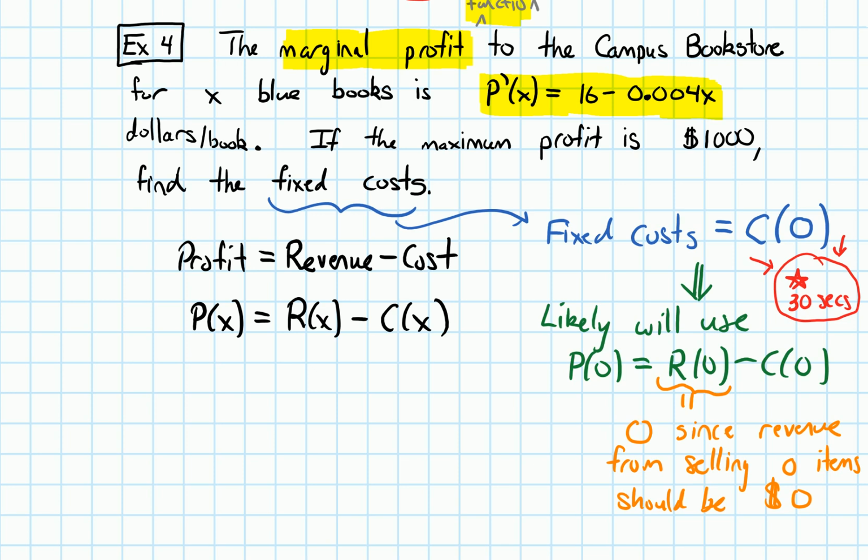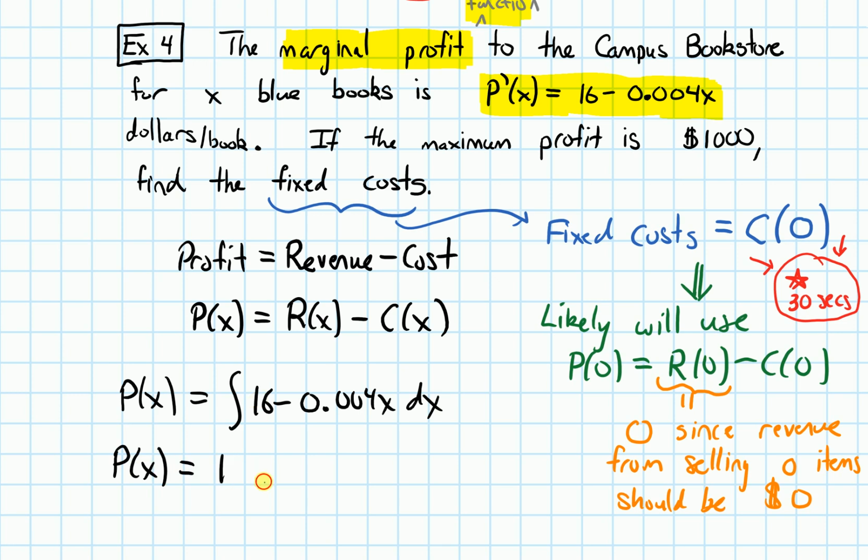Okay, so now I know I'm going to need to get P of X somehow. And I know the derivative of P of X, so let's take the antiderivative. So P of X is the integral of 16 minus 0.004x dx. I get P of X equals, the antiderivative of 16 is 16x.